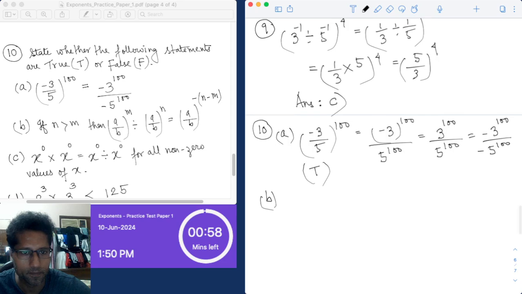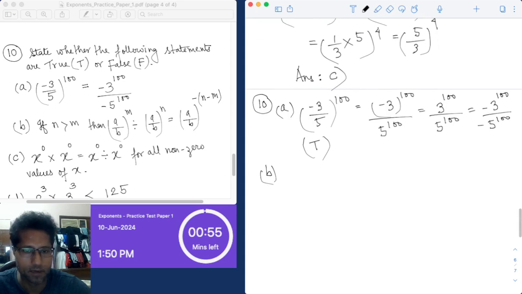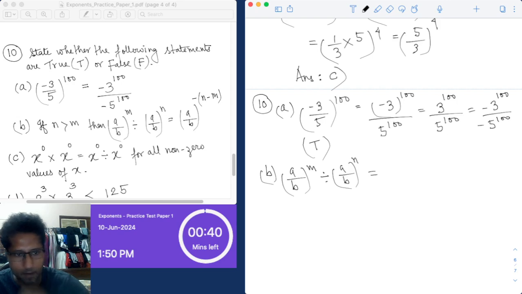What is B? If n is greater than m, it is given that (a by b) to the power m divided by (a by b) to the power n. From the laws of exponents, if m is less than n, this is 1 by (a by b) to the power n minus m.